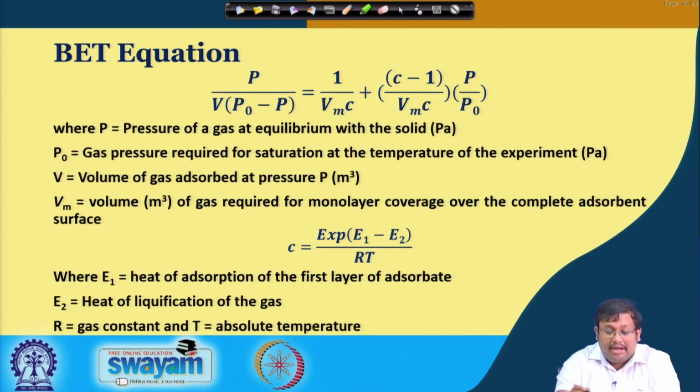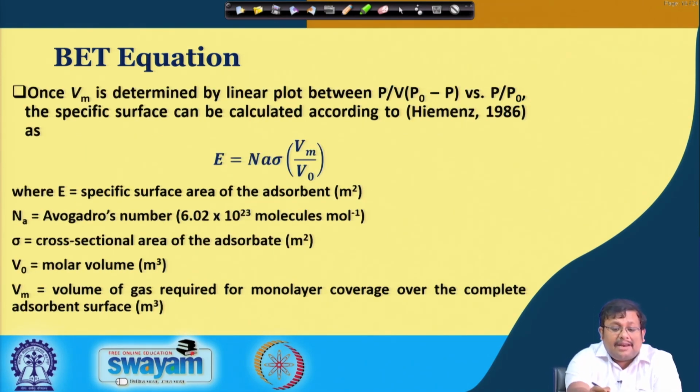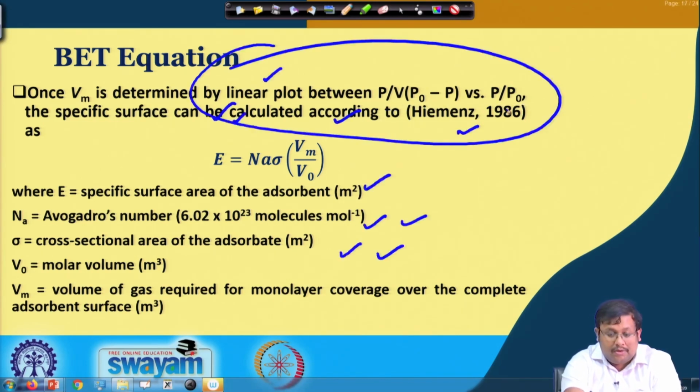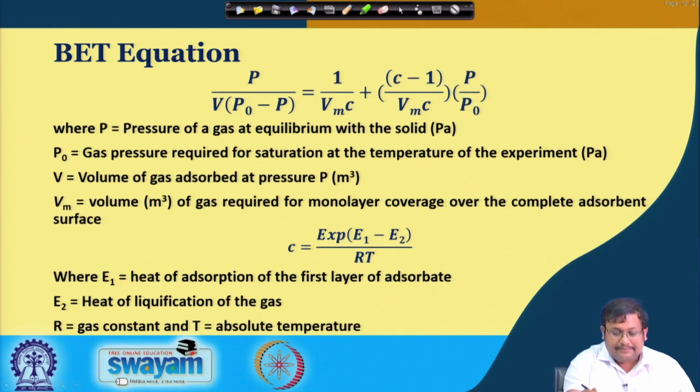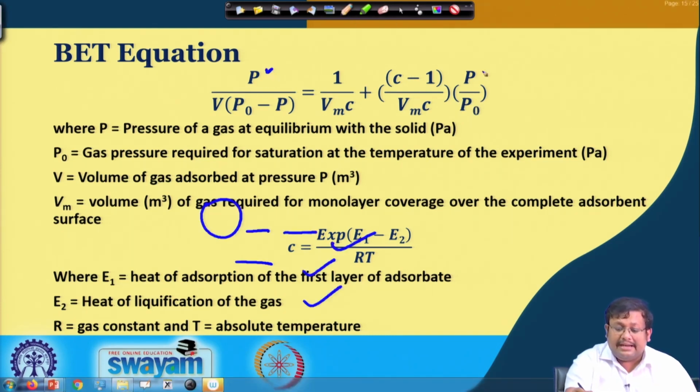We know this formula. Once Vm is determined by the linear plot between PV versus P by P0, if we go back to our previous slide, it will be clear that if we draw a graph using these two, with this as the dependent and this as the independent variable, then this is basically the slope and this is the offset.